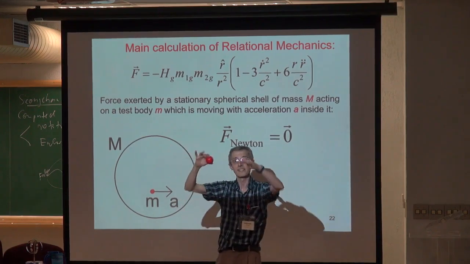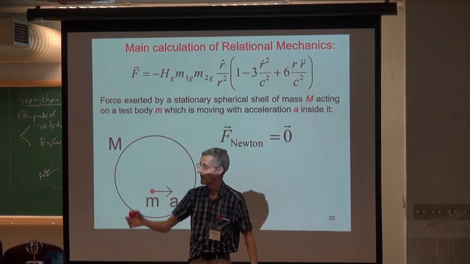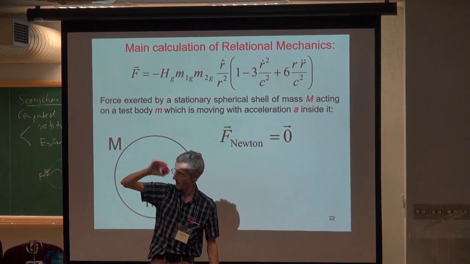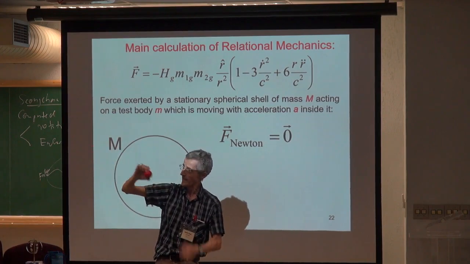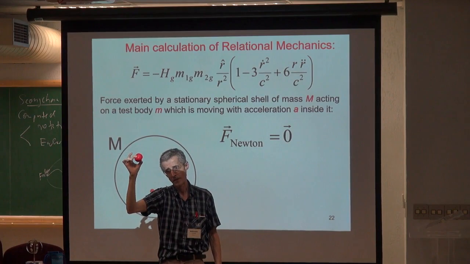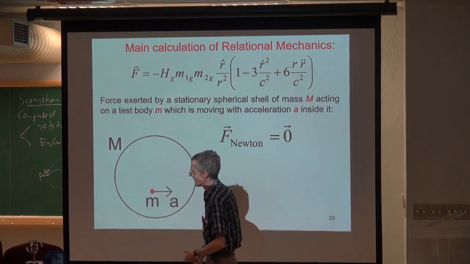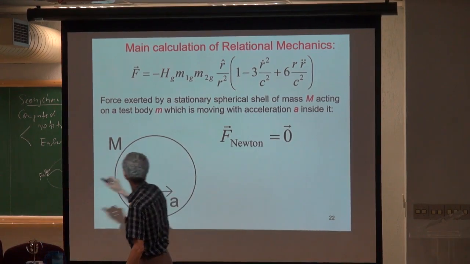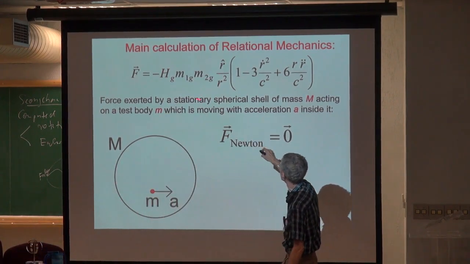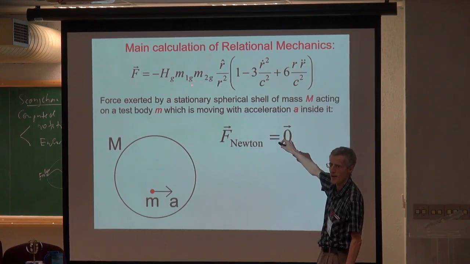Even, for instance, if this is my spherical shell, the walls here in this room, even when I move my hand with the apple like that, the walls will not exert a net force on the apple. But remember, that is a theorem which is valid only for this first component of the force, which is a central force which falls as 1 over r squared.